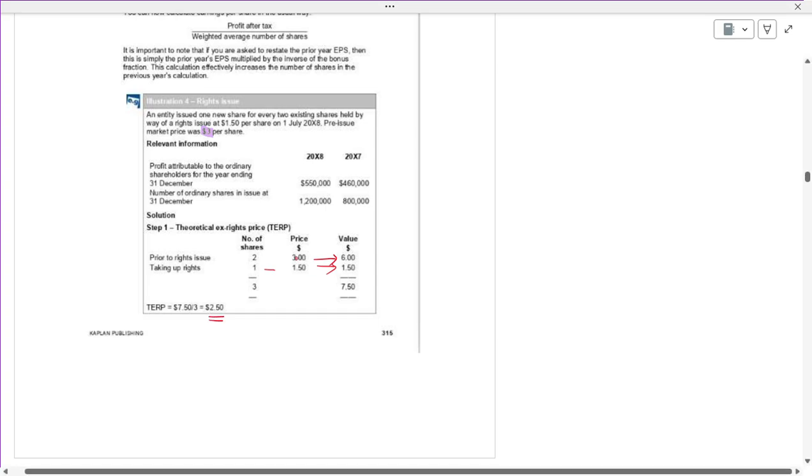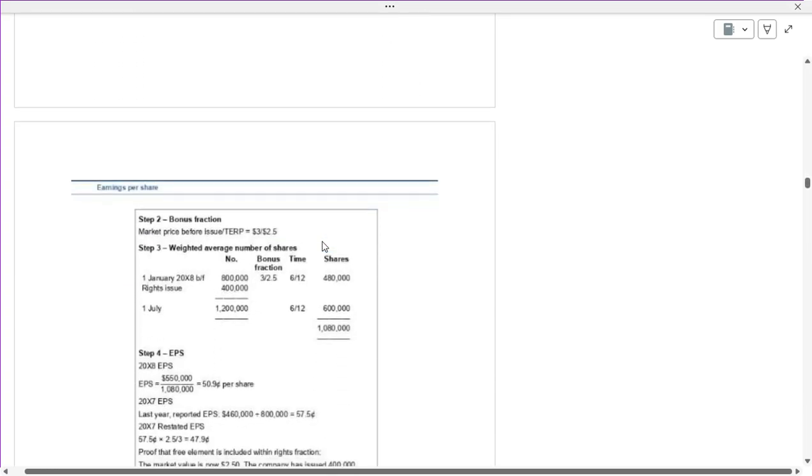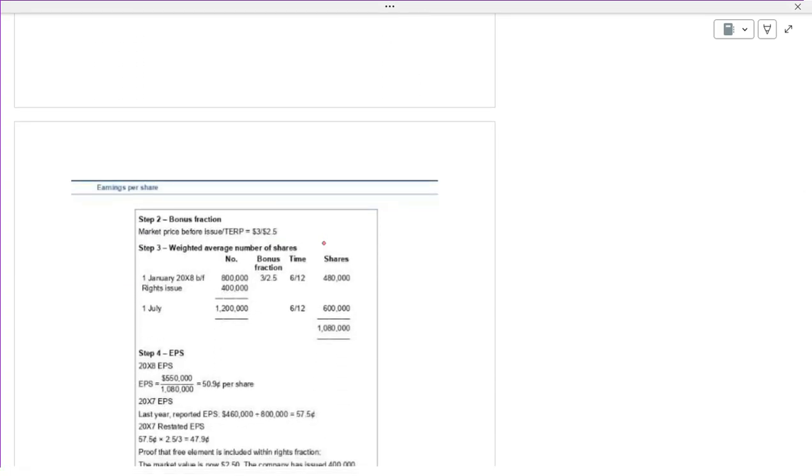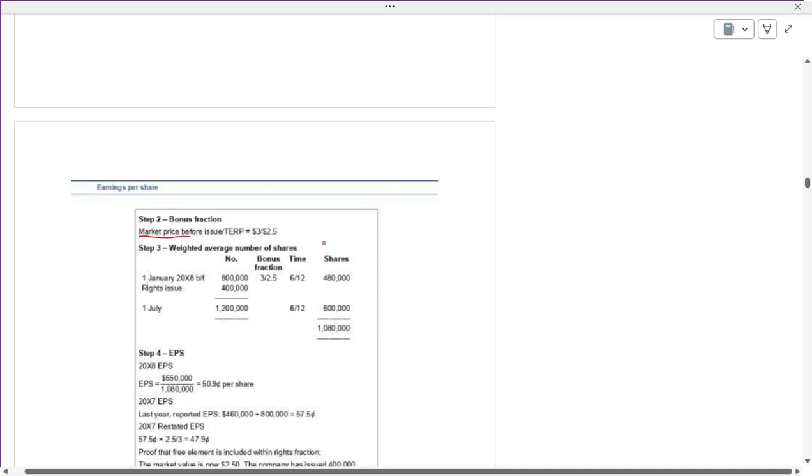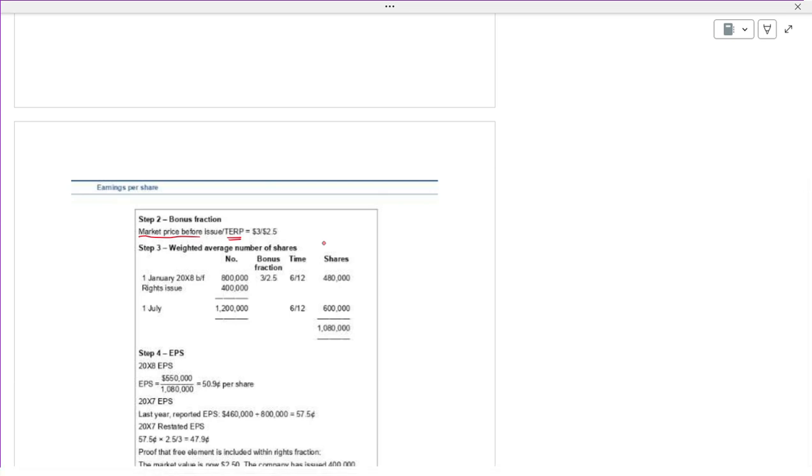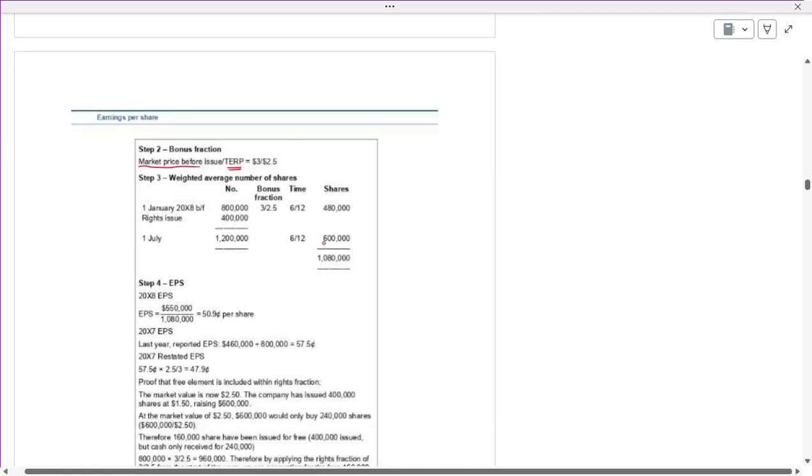Step 2 is the market price divided by the theoretical X rights price. This is the bonus fraction we calculate when it is a rights issue. Step 3 is the bonus fraction, the time fraction, and the shares.